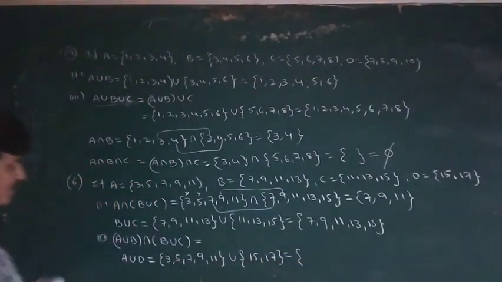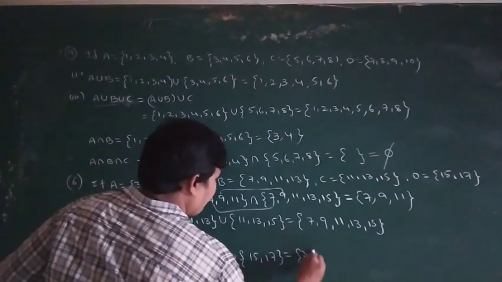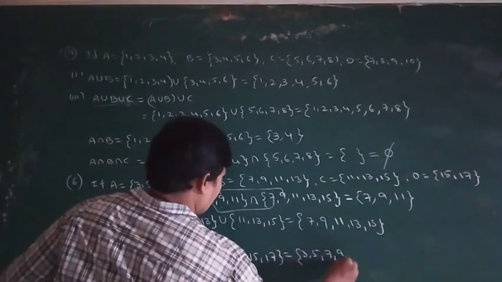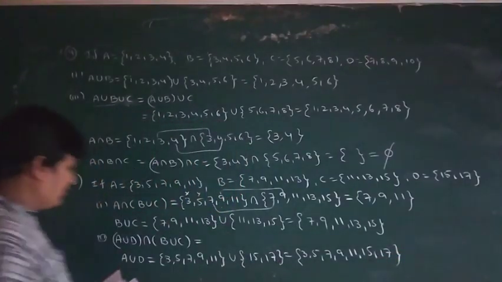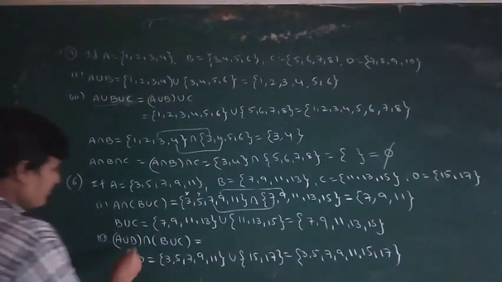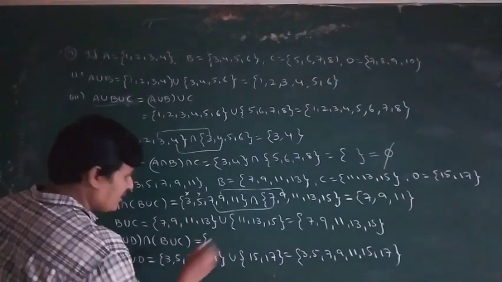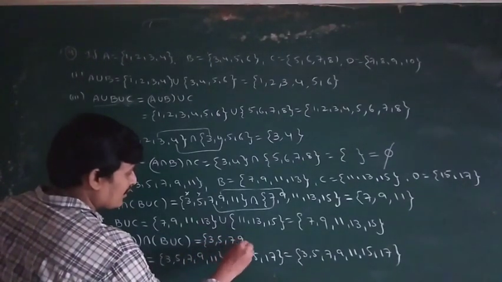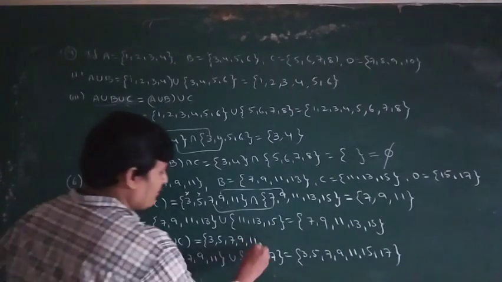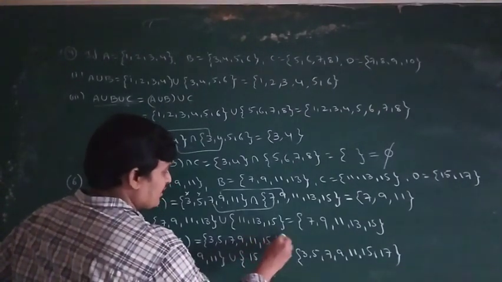So all elements: 3, 5, 7, 9, 11, 15, 17. So A union D is equal to 3, 5, 7, 9, 11, 15, 17.